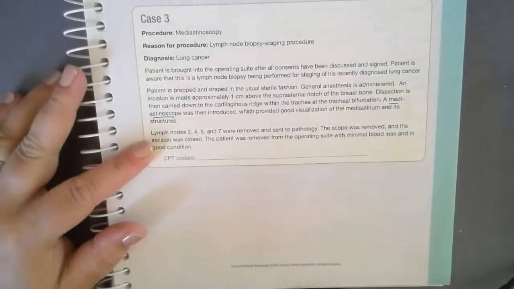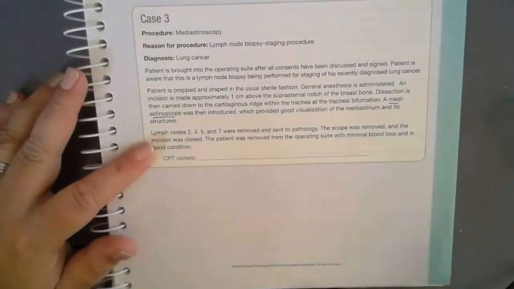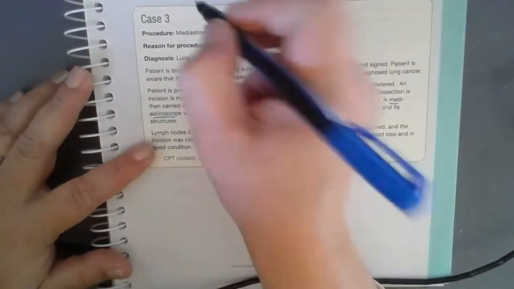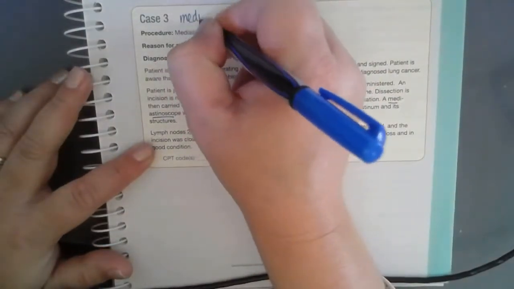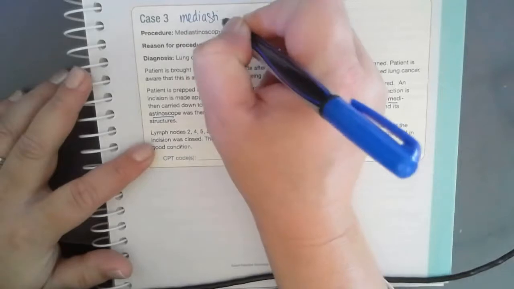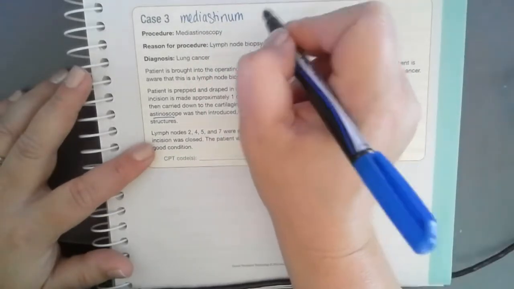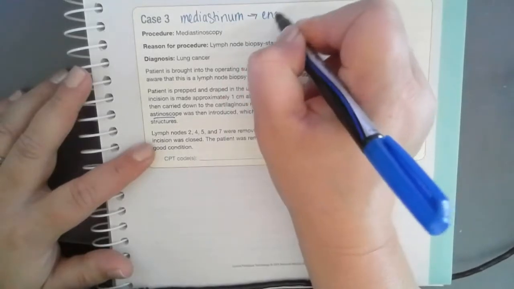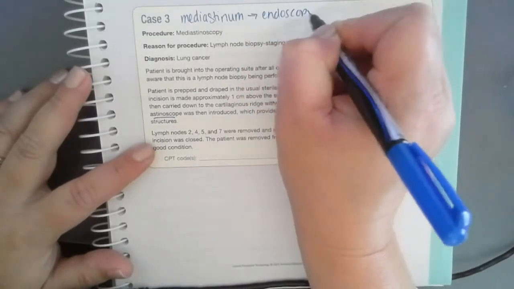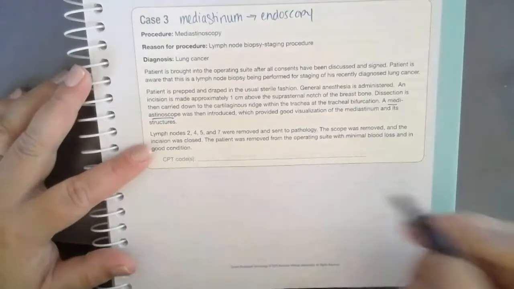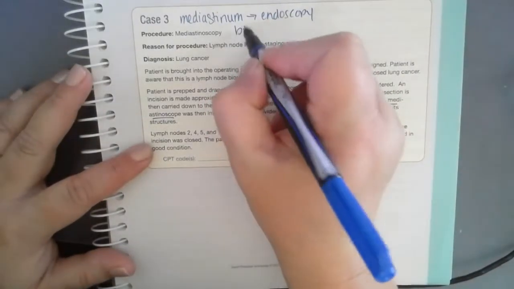Okay, so for case 3, a couple of things. First, you're going to look up mediastinum in the index, and then look up endoscopy. And then you have to look up biopsy.